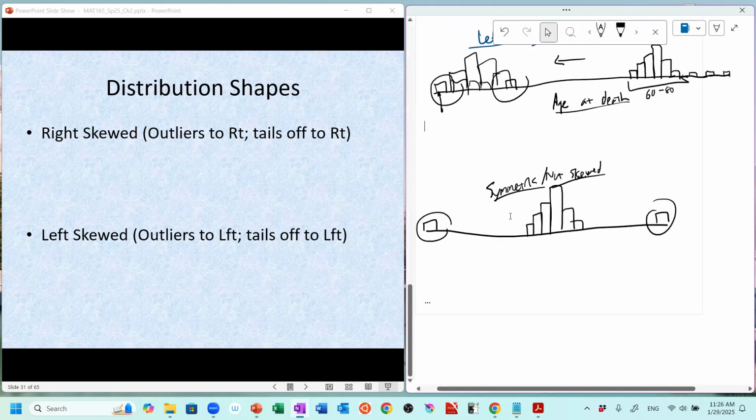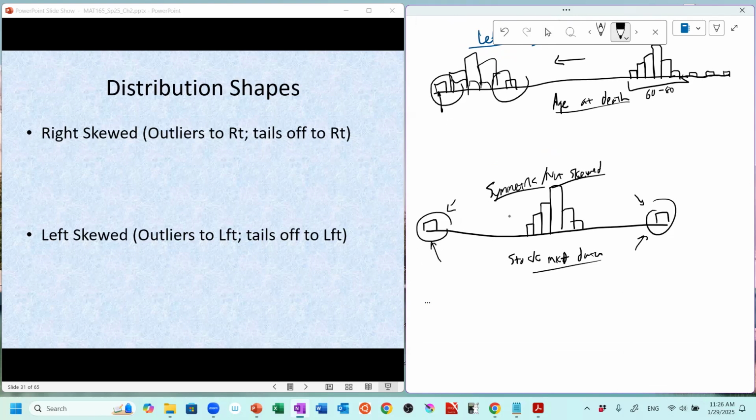Oh, a symmetric example where we have outliers on both sides, stock market data. You can really start splitting hairs here, but I think it would be reasonable to say that stock market data like rate of return, say annual rate of return, annualized rate of return, say day to day on the stock market, something like that, is going to have outliers.